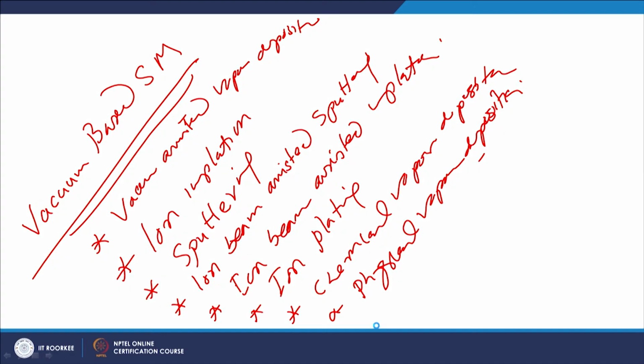Now we'll be talking about one particular vacuum based surface modification process, the vacuum assisted vapor deposition process.